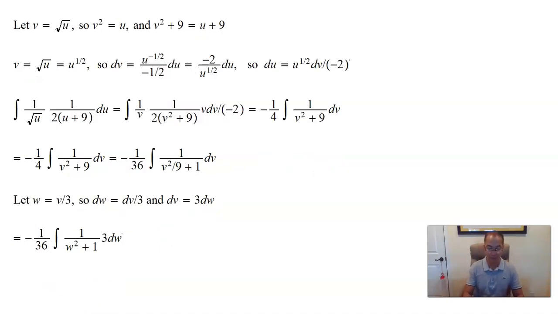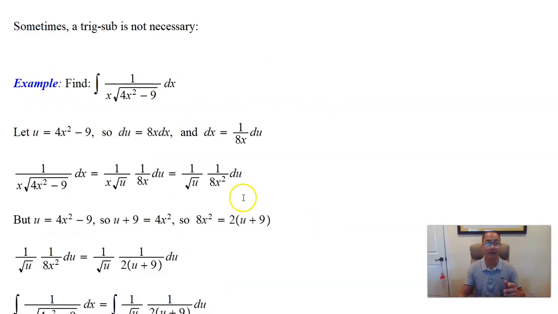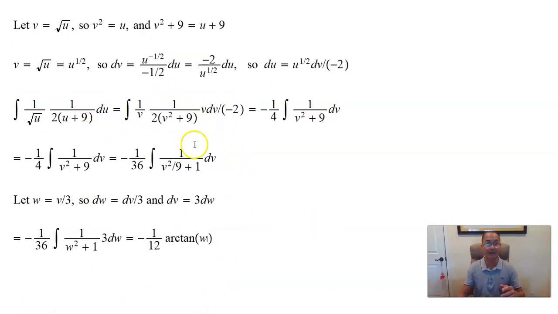All right, so we lose one of the 3's, so we're down to 1/2. Just one equal. 1/2 integral of 1 over w squared plus 1. So of course that is the arctangent of w. Yay! All done. Oh, but we have to go back all the way to x.